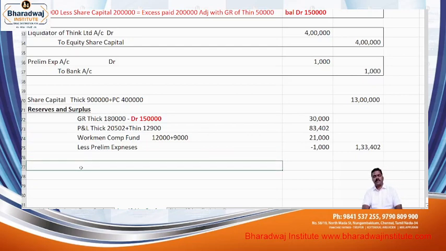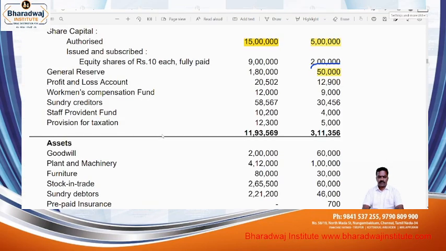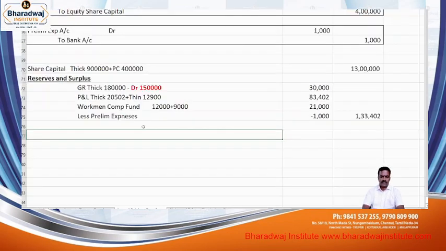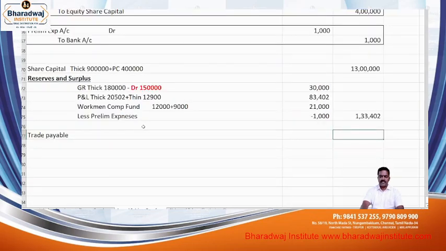Which one next? What are the other liabilities? Creditors. Trade payable, how much? Add both. 58,567 plus 30,456. 89,000?